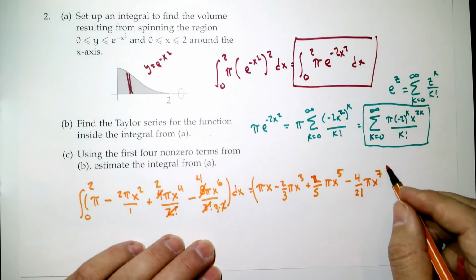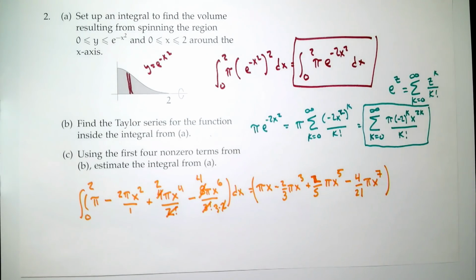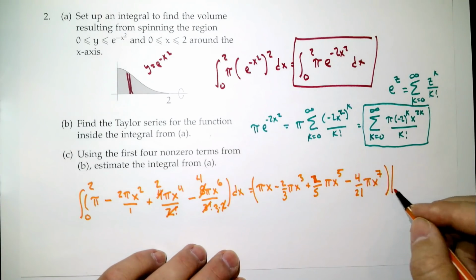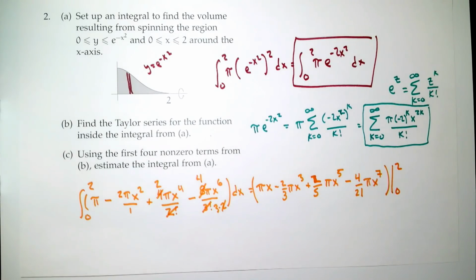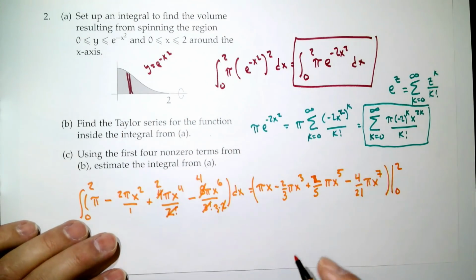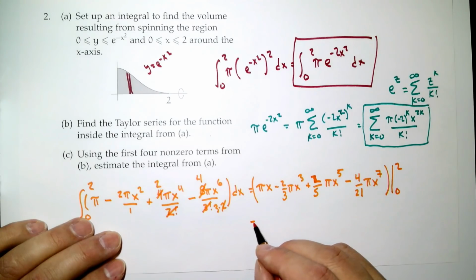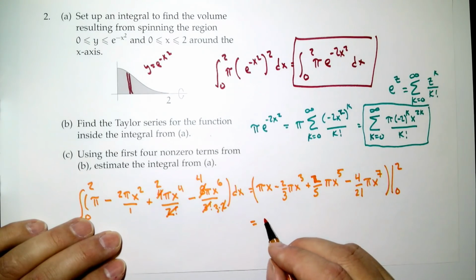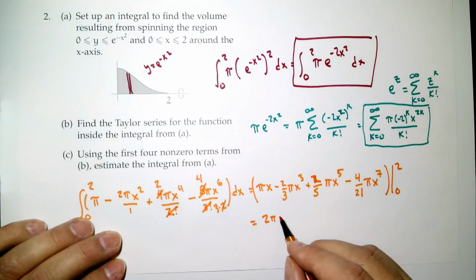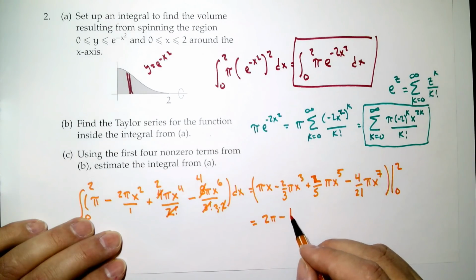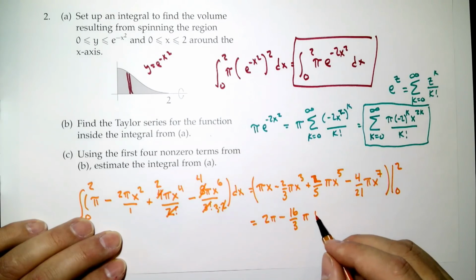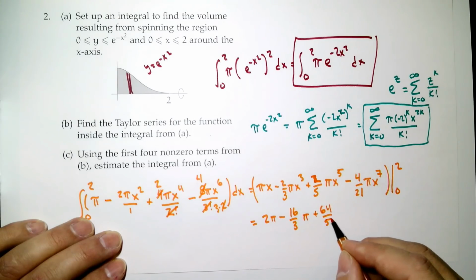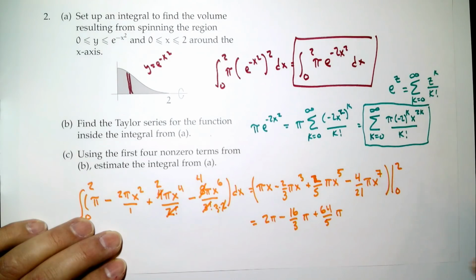Now, what do I do next? I evaluate. From where to where? Well, 0 to 2. And odds are pretty good it's not going to be great. 2 is kind of far. If I'd gone to 1, I'd be a little bit better. But plug in 0, I get 0. So I just have to plug in 2. 2 pi. Then I have 8, make it 16/3 pi. 2 to the 5th is 32, so 64/5 pi. 2 to the 7th, of course, is 128.